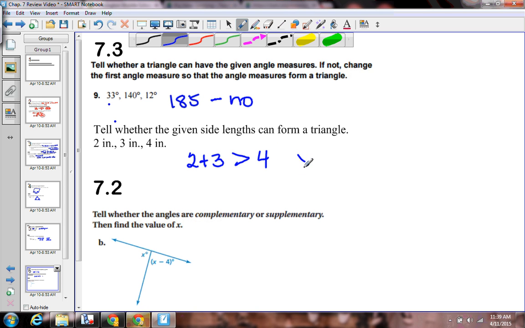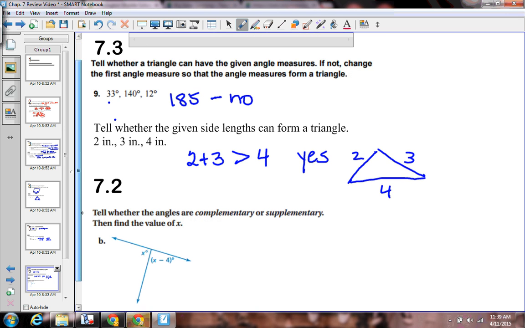So yes, this would be able to make a triangle. You can also do a picture just to sort of visualize it. That if this was my 4 inches, and this is about 2, this would be about 3. We have enough length there to make the triangle pop up.